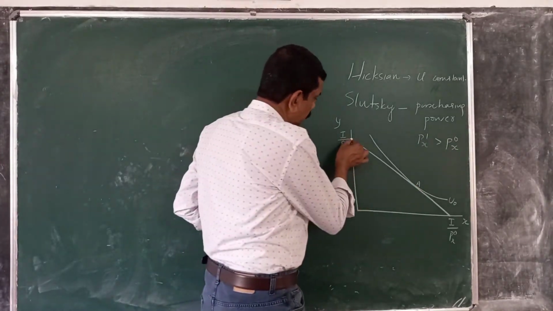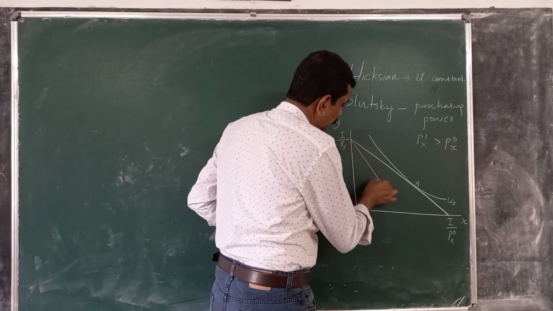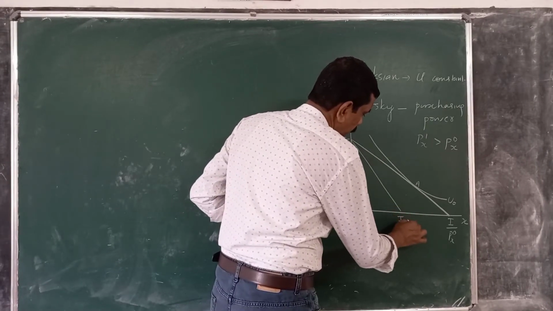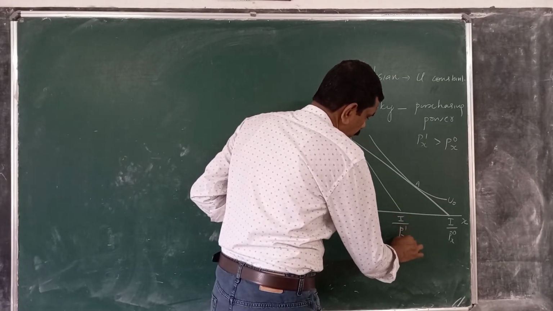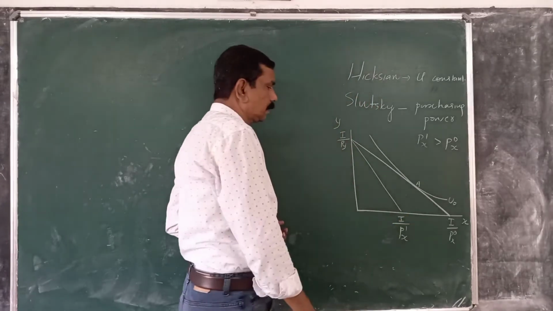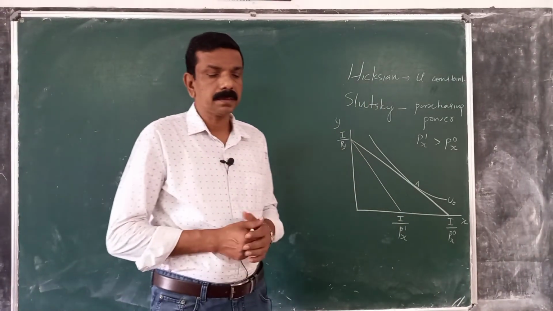So the new budget line is like this, with intercept I by p dash x.